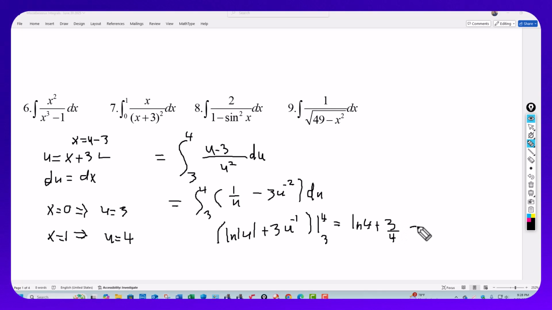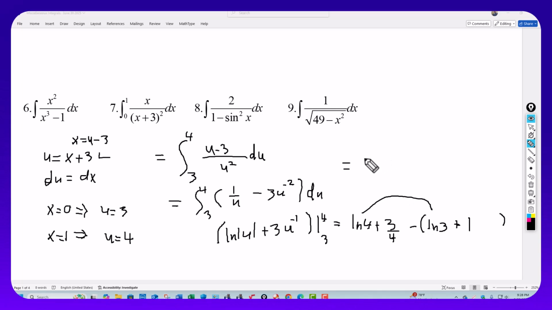Then it's minus. Okay. Now we go evaluate the lower limit, 3. So this will be ln of 3 plus, put a 3 here. That's 1/3 times 3. That'll be a plus 1 here. So this is going to equal, let me put it up here, equals 2. Let's do these two together here. That's ln of 4 minus ln of 3.